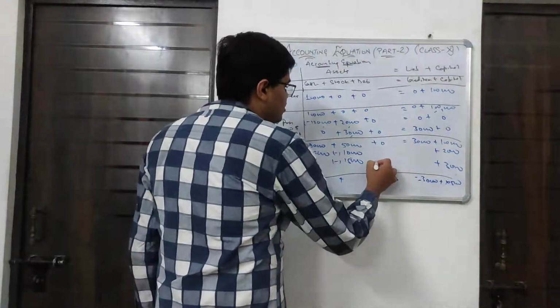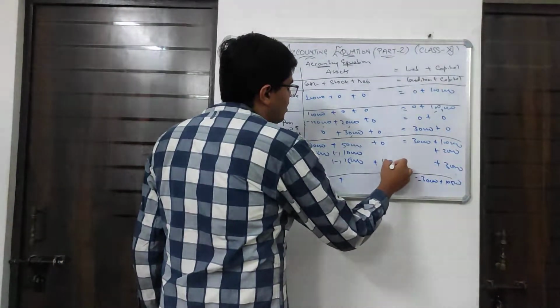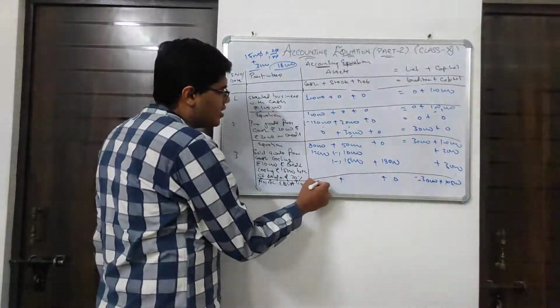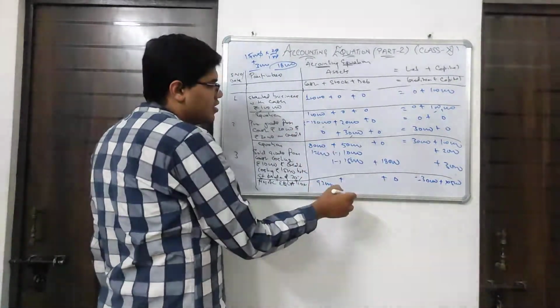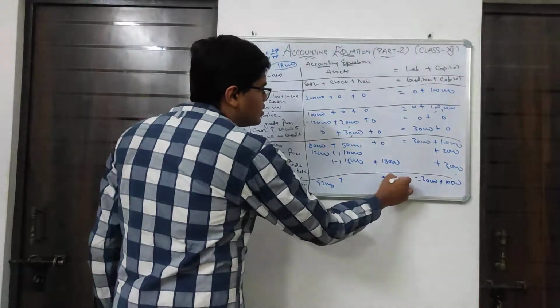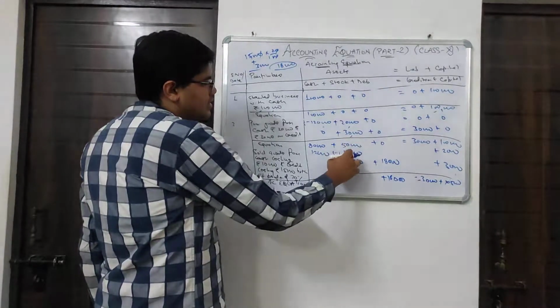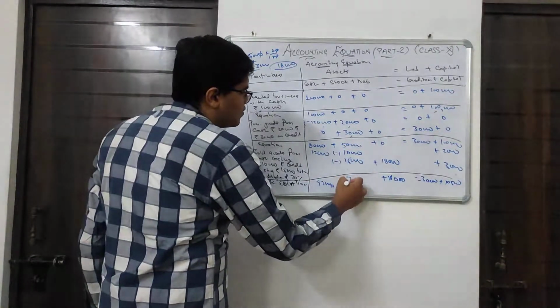So 18,000 will be added over here. Now the cash will be 92,000 plus 18,000 and stock will be 50 plus 10, 20 was 75,000.